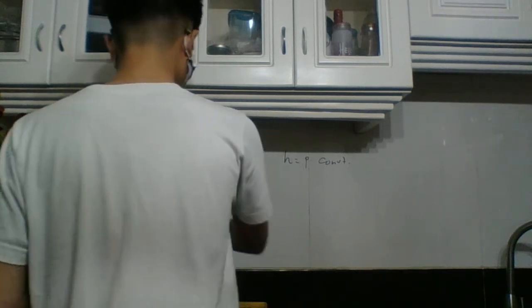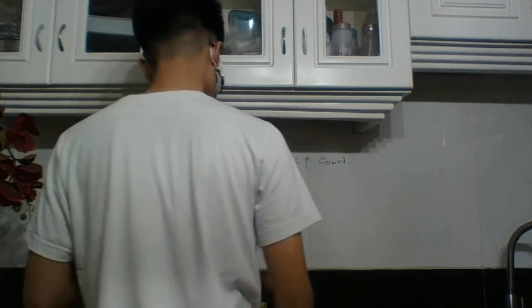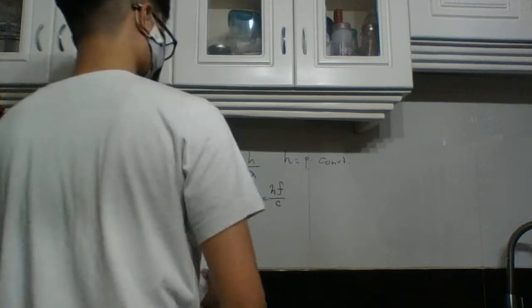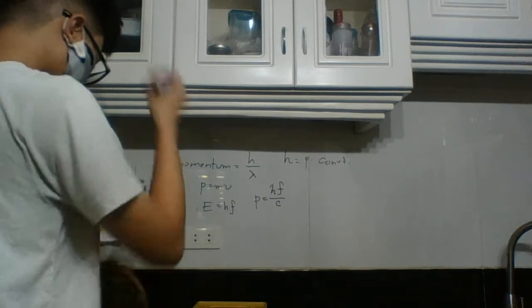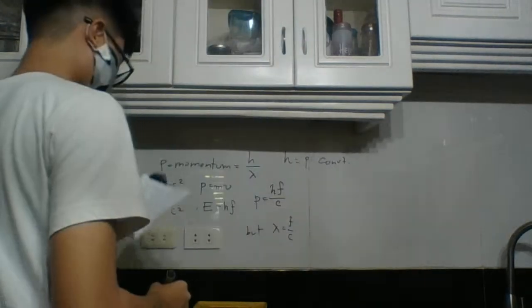Now, notice that P, when you quantize it, is h times f over c. But we notice that lambda is equal to the speed of light over the frequency.